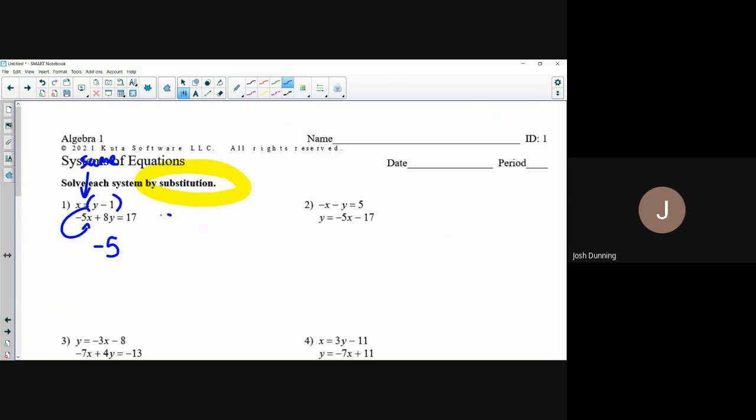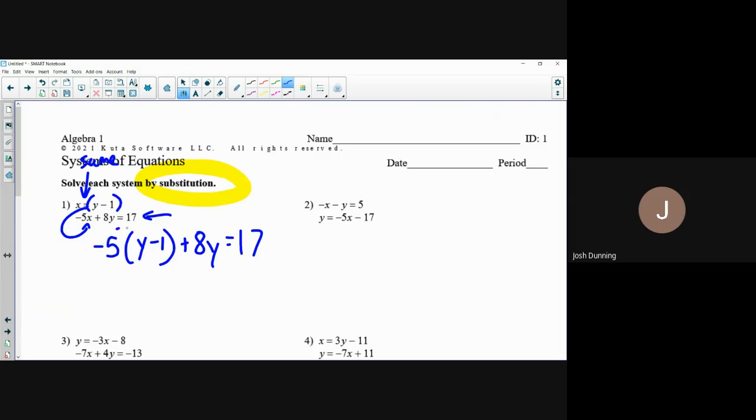Again, I'm recopying this bottom equation right here. It's just instead of x, I wrote y minus 1. I substituted y minus 1 in. This helps me because now I have just a single equation with only y in it, so I can get a definite answer.